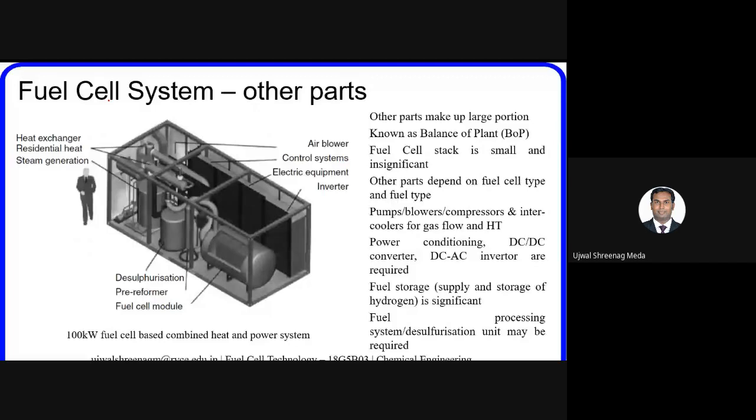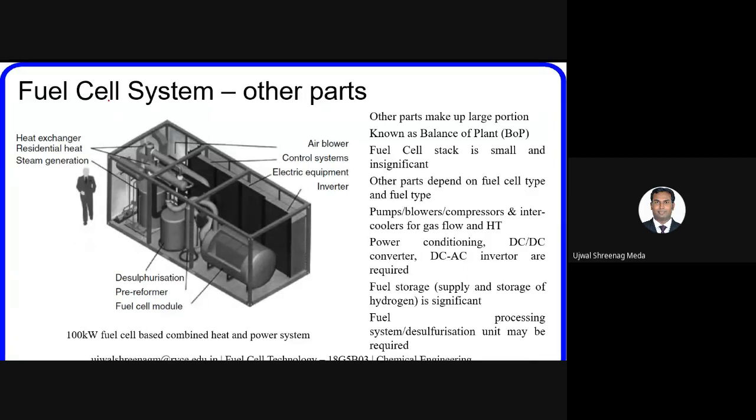Now let's move on to the other components that are necessary to run a fuel cell. It is not just the stack of fuel cells that will do the job. There are many things before that and after that in order to make it an efficient electricity generation system.